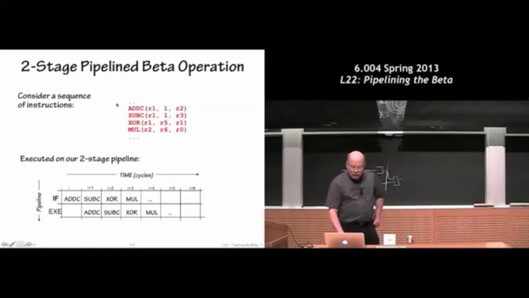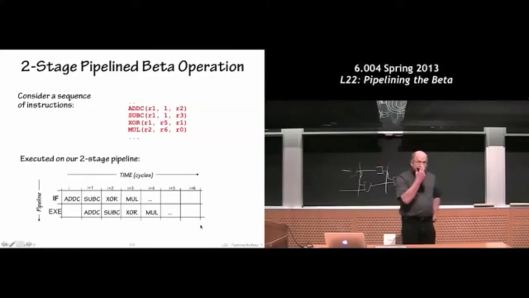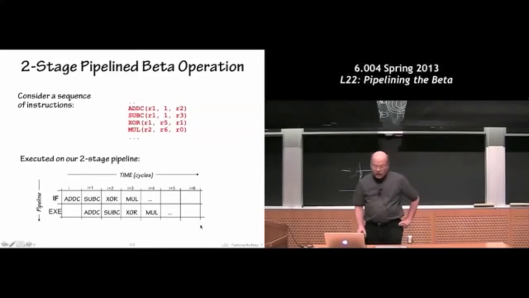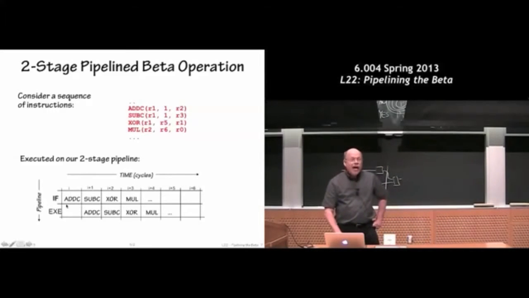So here's a picture of a pipeline diagram for the two-stage beta. When we introduced these, I made a forward pointer to this lecture with the idea that pipeline diagrams will help us understand very nicely how a pipeline processor works. Remember how a pipeline diagram is organized. We have each of the pipeline stages as rows, and then as columns we have successive clock cycles. And we can tell for any particular clock cycle what each pipeline stage is working on.